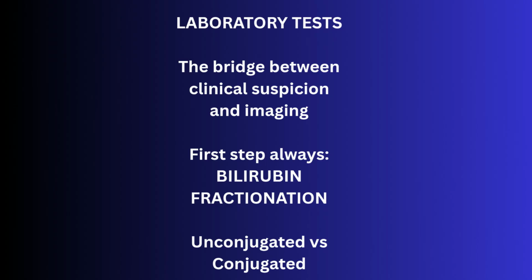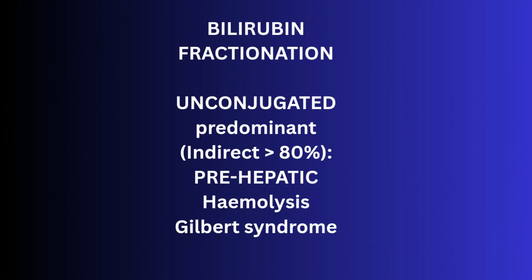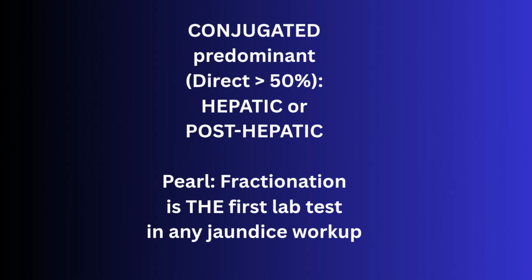If unconjugated bilirubin predominates, more than 80%, indirect, think pre-hepatic causes, haemolysis, Gilbert syndrome. If conjugated bilirubin predominates, more than 50%, think hepatic or post-hepatic causes. This single test immediately narrows your diagnosis.